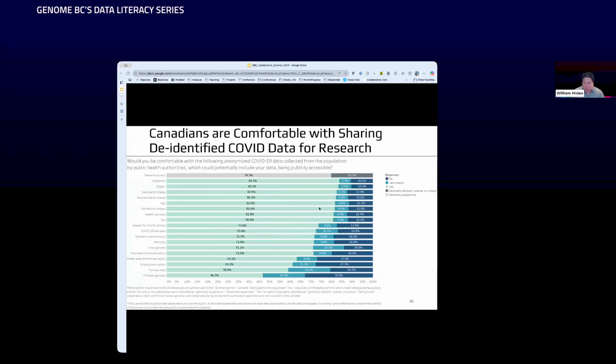The light green shows that these are the types of data that people are willing to share. The turquoise color is that they're not sure, and the dark blue is when they say no, they don't want to share. So you can see that between 70 to 80% of the people we interviewed are okay with sharing de-identified data of those types.